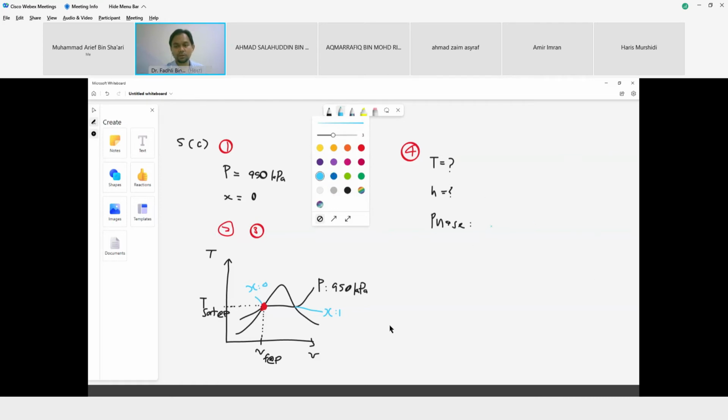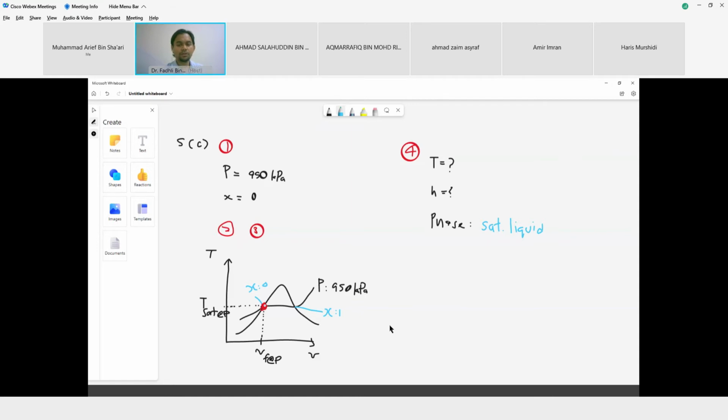So the phase is what? Siapa tahu? Apakah phase-nya? Saturated liquid. Okay, so ini ada phase ni sebab dia terletak di point sini.